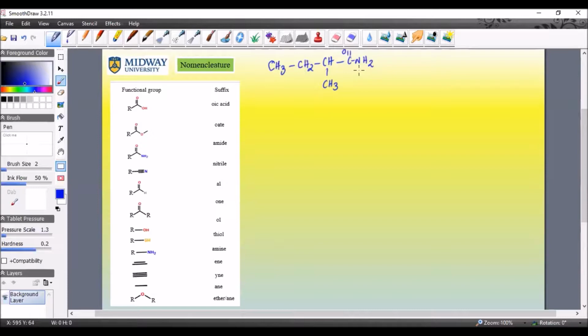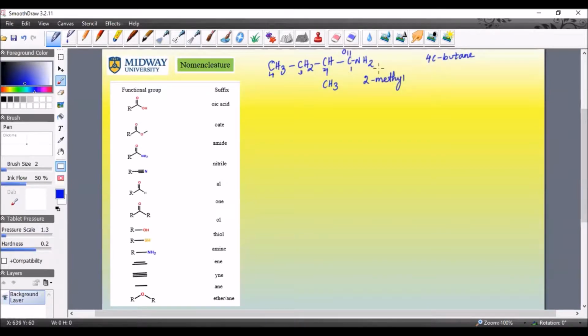Now, whenever you have a functional group, you've got to start numbering from the side where the functional group is physically present, which is here. So you start from this side and you identify the longest chain that contains the functional group. So it's 4 carbons, so it's butane. That's your longest chain. And your methyl group is in the second spot, so it will be 2-methyl, right?